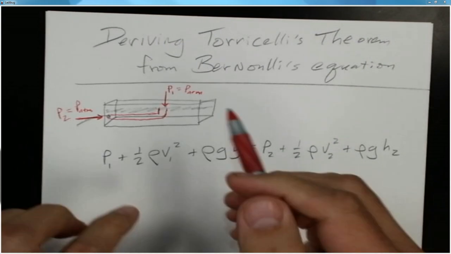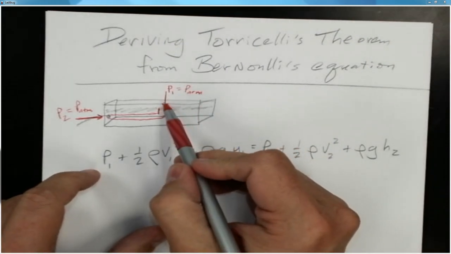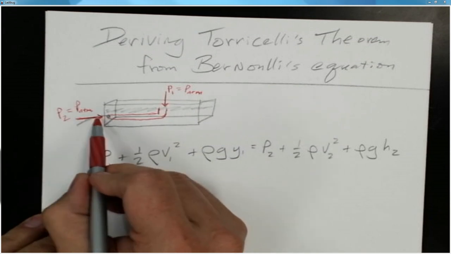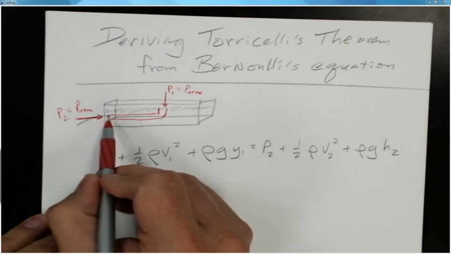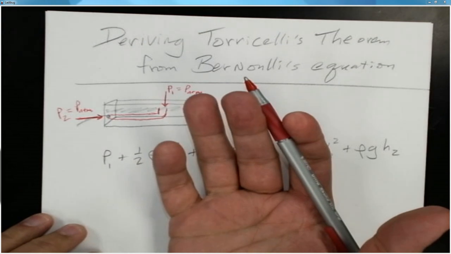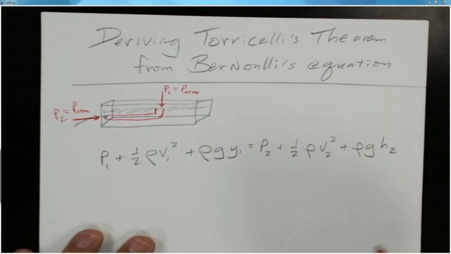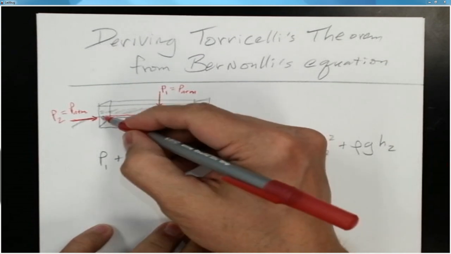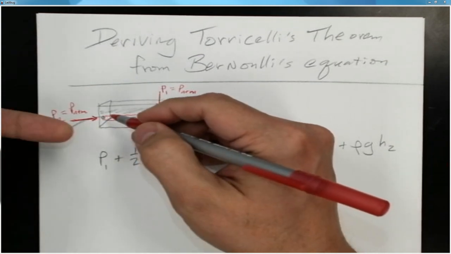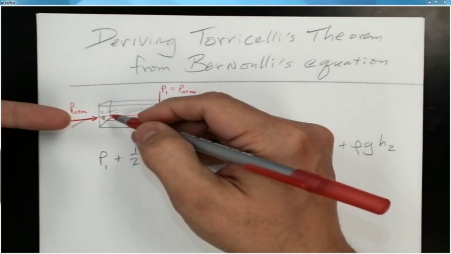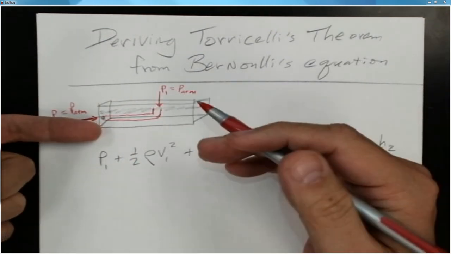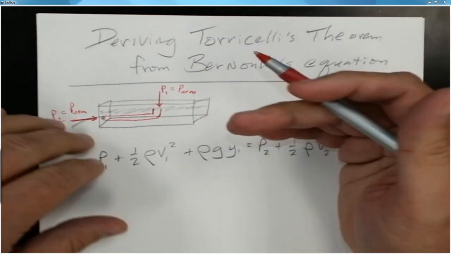And so this is the atmospheric pressure pushing down on the surface of the water, and at the hole, we have atmospheric pressure pressing inwards. Does that make sense? Hopefully it does, because air is pressing down on the surface of the water, and this little hole is open to the air, and so the air is pressing inwards here, because air can be treated like a fluid in this case, so it can press any direction.